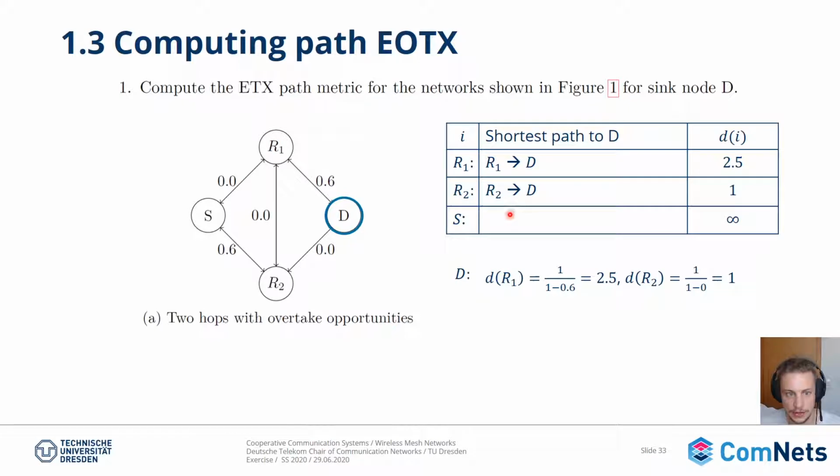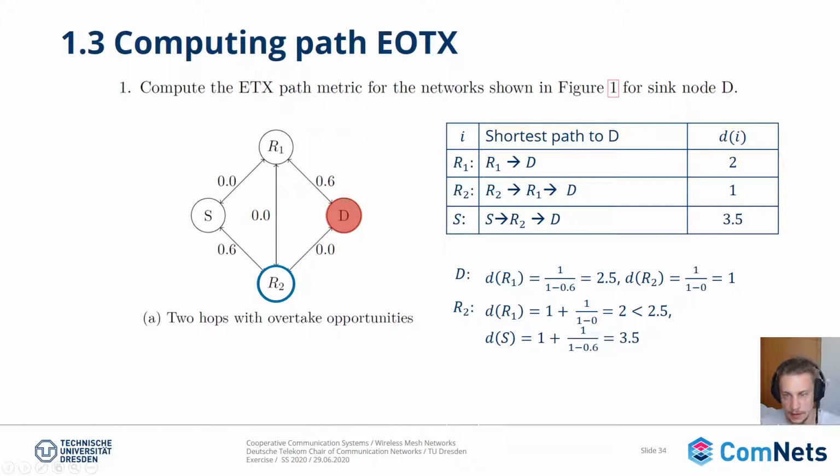S has no connection until now towards D, so it's still infinite. Then we use the node with the lowest distance again. D is already out, so we use R2, which has a distance of 1, and circle it now.